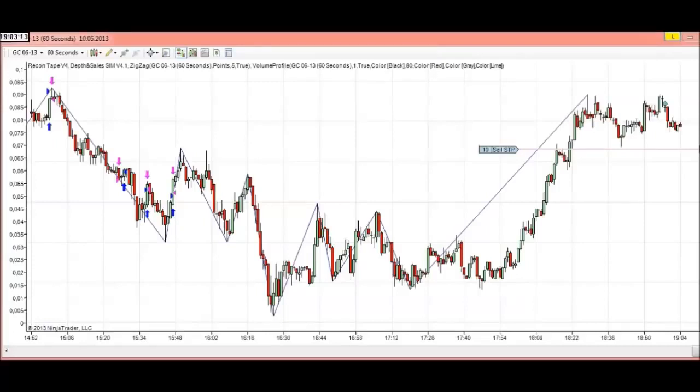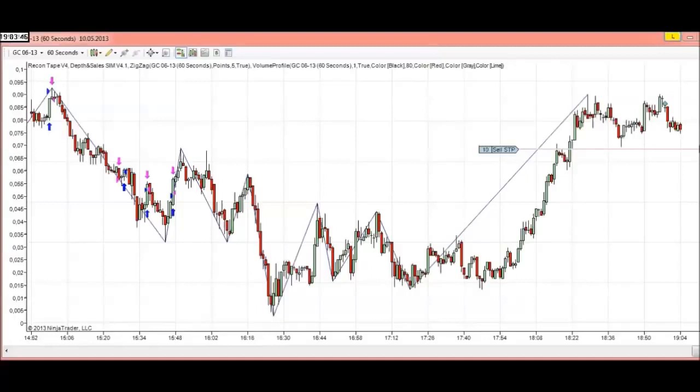So I found that reconstructed tape that tries to put together individual orders back into original large orders is the best you can watch. So I have set it with a filter of 10 orders and configured to reconstruct only large orders when reconstructed orders is at least 10 contracts, and alert me on large orders above 20.